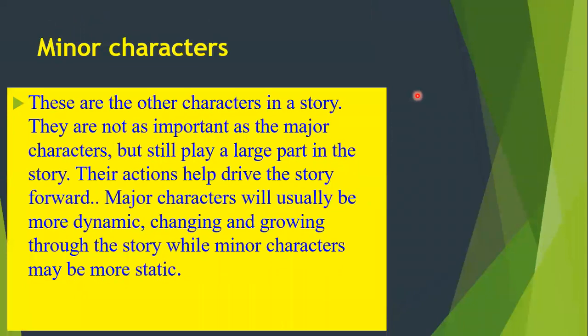These are the other characters in the story. They are not as important as the major characters, but they still play a large part in the story. Their actions help to drive the story forward. Major characters will usually be more dynamic, changing and growing through the story, while minor characters may be more static.